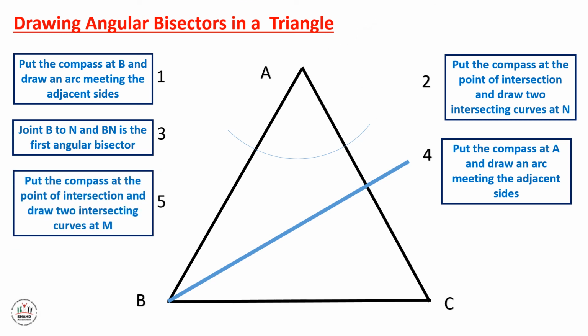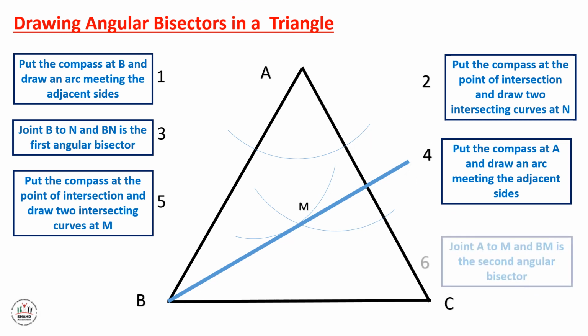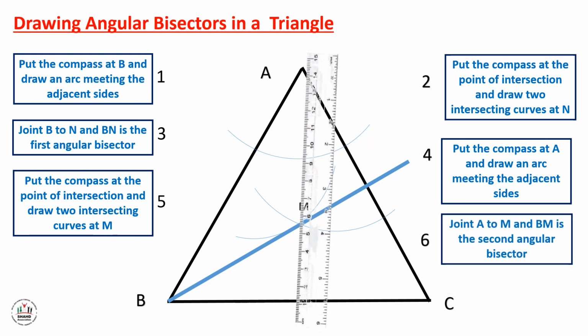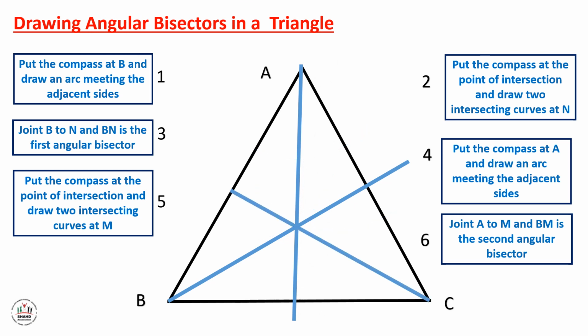Again, we put the compass at the points of intersection and draw two intersecting curves at point M. We join A with the intersection point M, and the last angular bisector you can draw directly by joining the intersection point of the previous two angular bisectors to point C.